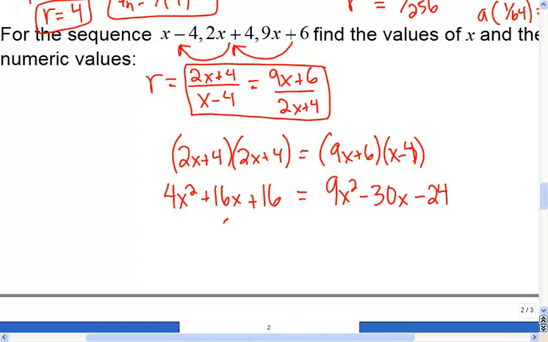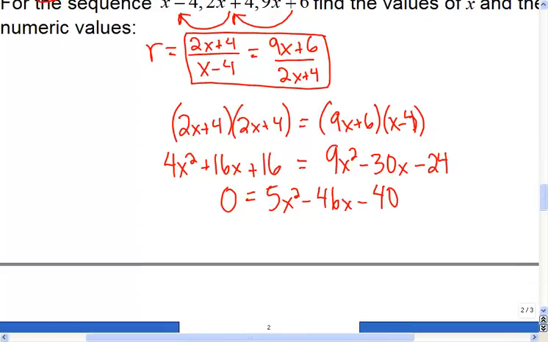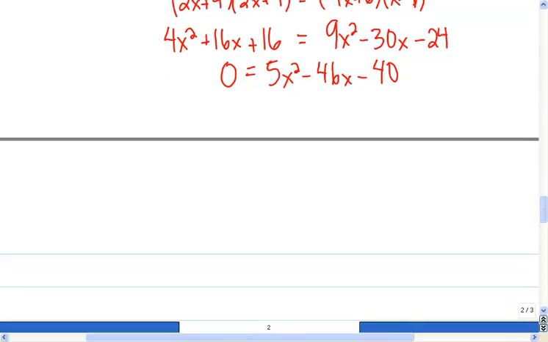So if I collect the like terms, that'll be 5x squared minus 46x minus 40. Okay. And you can pick your favorite factoring algorithm, but it's a quadratic equation to solve. So I'm going to go this way.